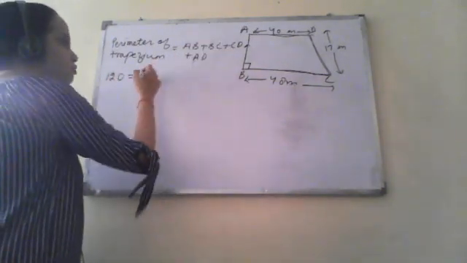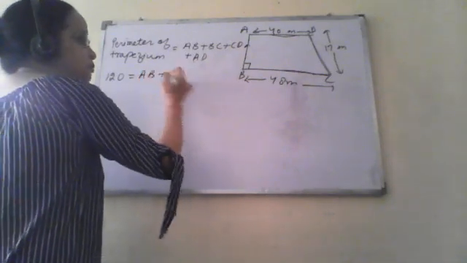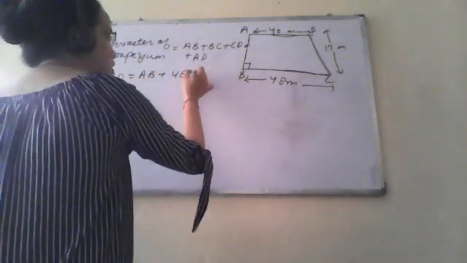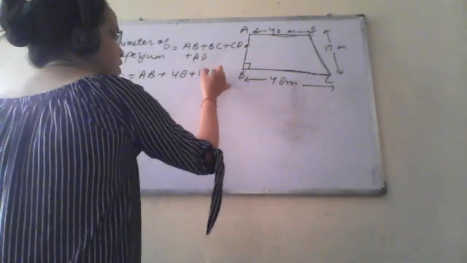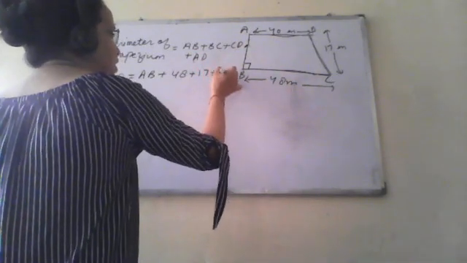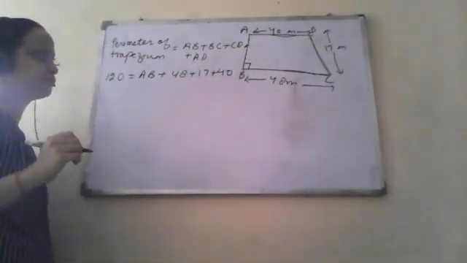Now AB we have to find. BC we have 48, CD we have 17, AD we have 40.